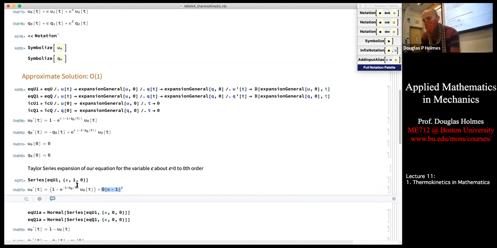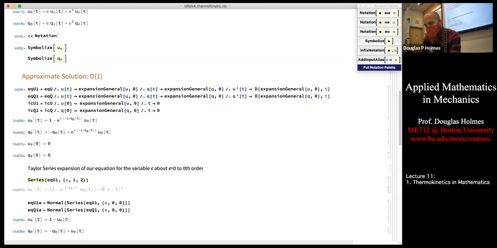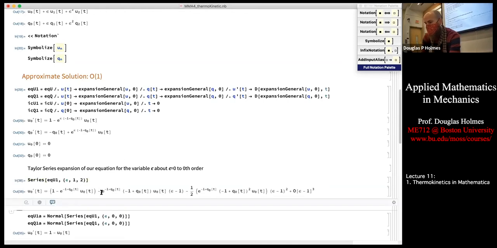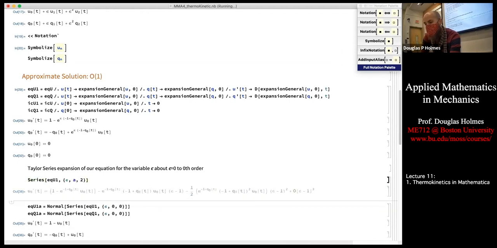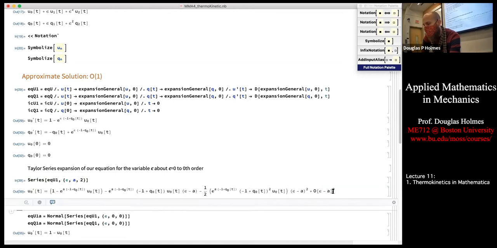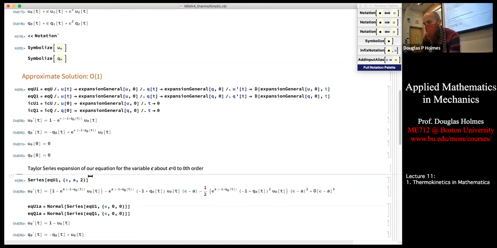I can go to second order, which gets really complicated because it has 0th order, 1st order, 2nd order terms. Now you can see it's epsilon minus a squared, epsilon minus a. That's what this notation means.